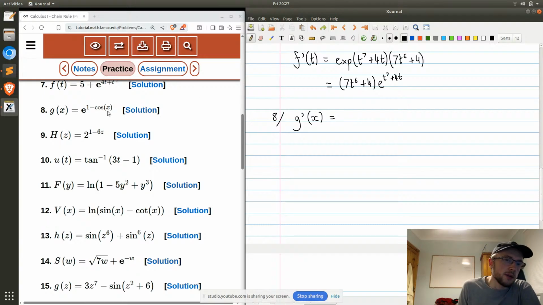So what is the derivative of minus cosine of x? Well, sine goes to cos, and cos goes to minus sine. But because there's a minus in front of it, it would go to sine. So sine x, just like that.